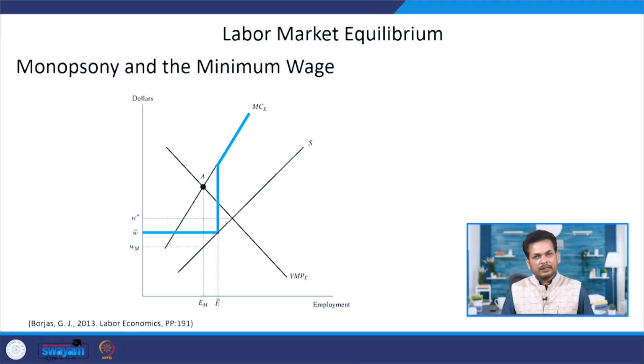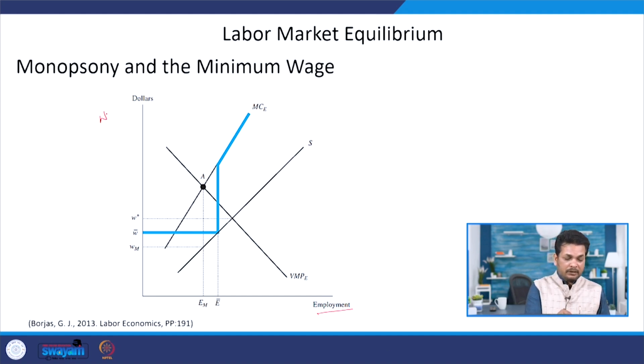So, the imposition of a minimum wage on a monopsonistic market can increase both wage and employment. Let us try to understand how this can happen. Here we have considered the basic demand supply model to understand the impact of minimum wage in a monopsonistic market. On the x axis we have taken the number of employment, and on the y axis we have taken the wage rate.